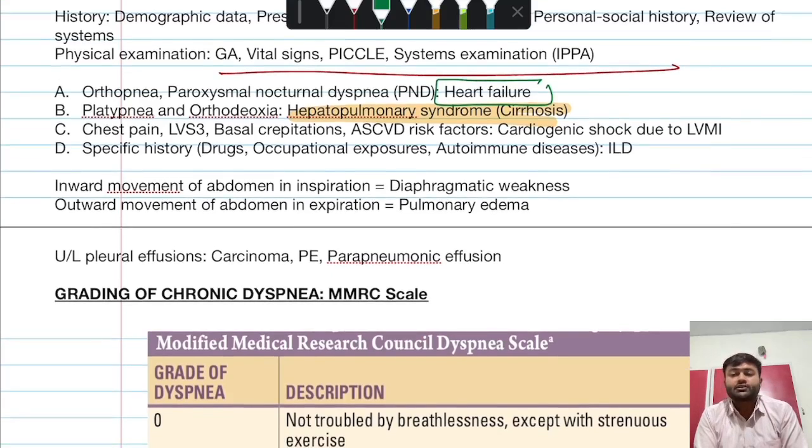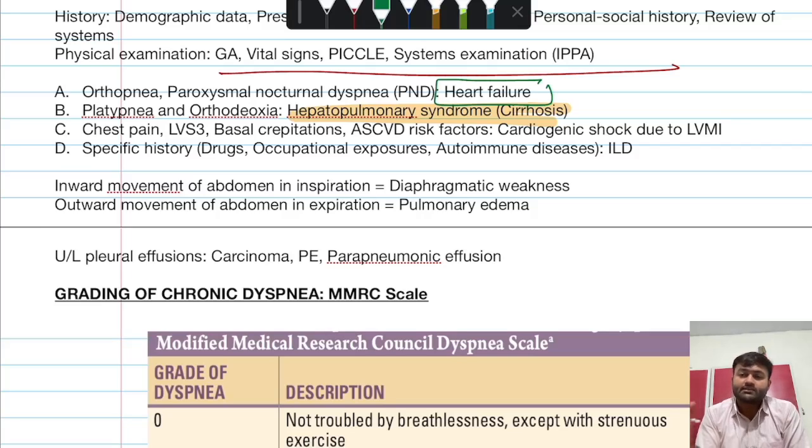Then if the patient experiences chest pain, on auscultation you hear a left ventricular S3 heart sound, if there are basal crepts that are auscultated in the lung fields, and if there are ASCVD risk factors present in the patient, this includes smoking, hypertension, diabetes mellitus, and hyperlipidemia, you should think of the possibility of MI in the patient.